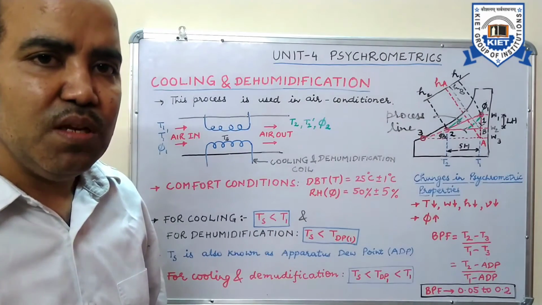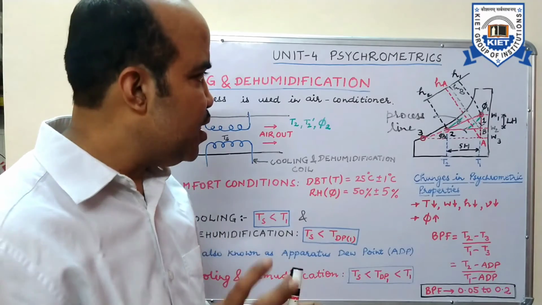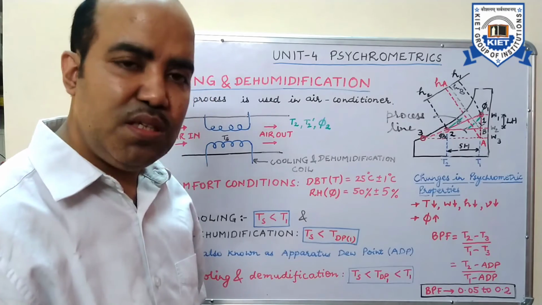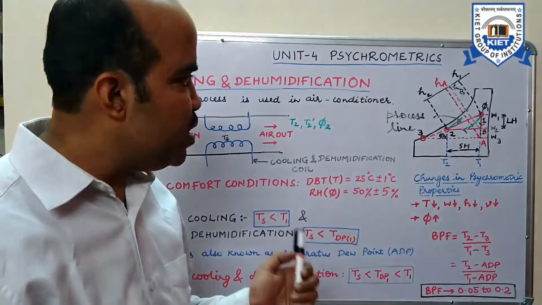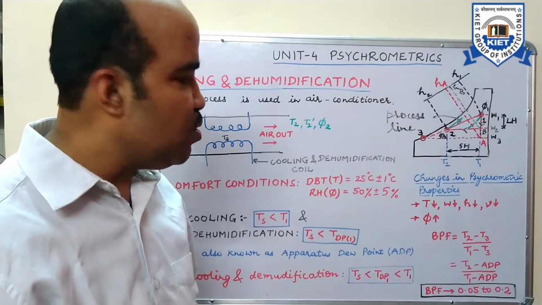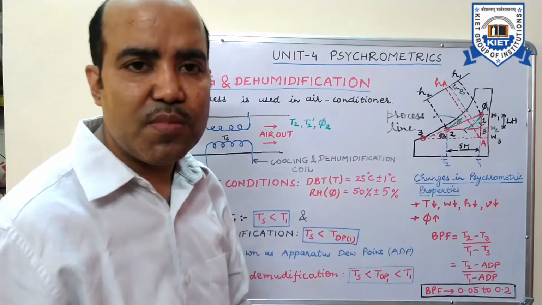With the help of these properties, either a combination of phi1 and T1, or phi1 and W1, or wet bulb temperature and phi1, we can locate point number 1 on the psychrometric chart.